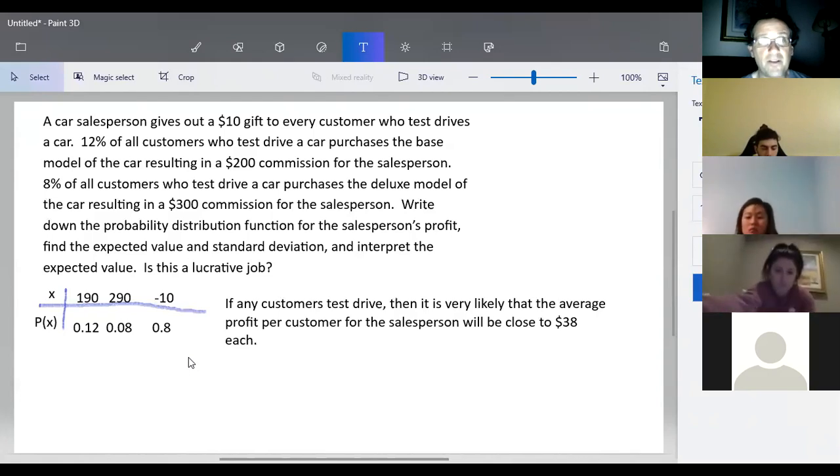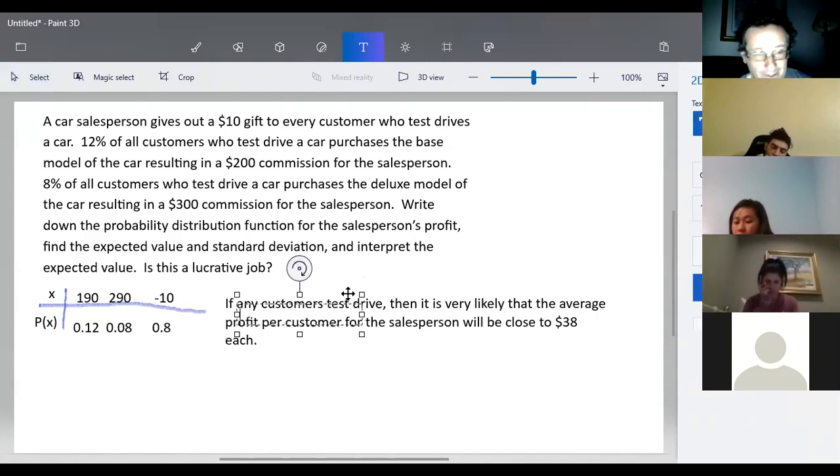Any questions? I want to emphasize something, and that is the words very likely, the word average, the word close to, and, sorry, that should say many, not any. Sorry about that.